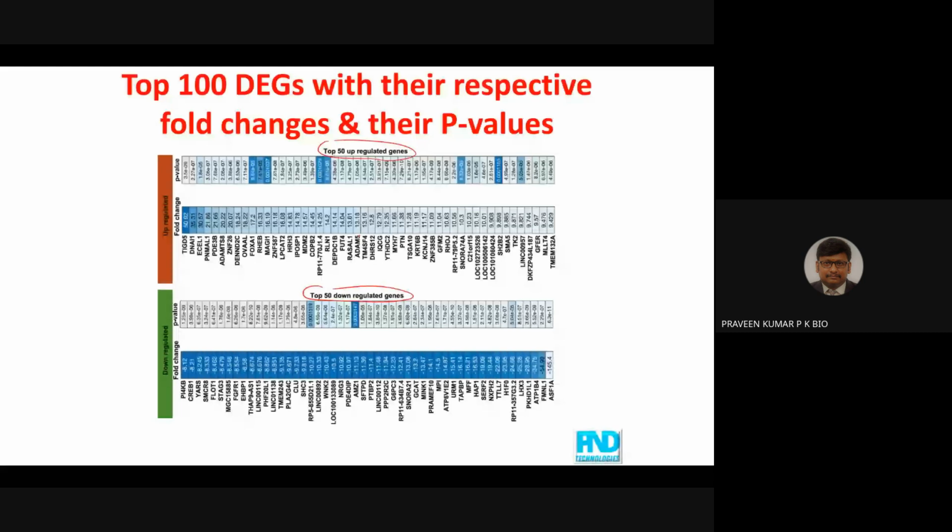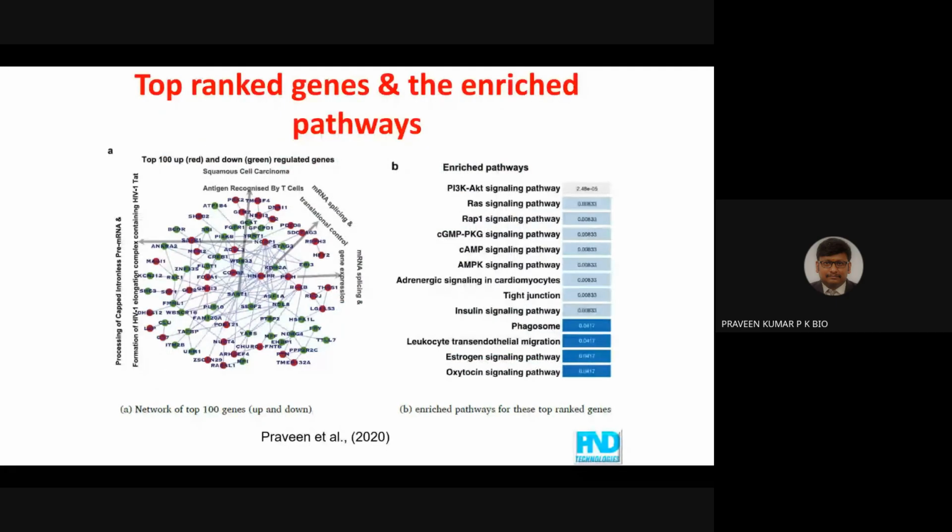I took this top 50 up and 50 down based on p-value and based on fold change. Based on these two properties, I took hundreds of differentially expressed genes out of 1,000 genes, and then I went with the top ranked genes and enriched them based on pathways.